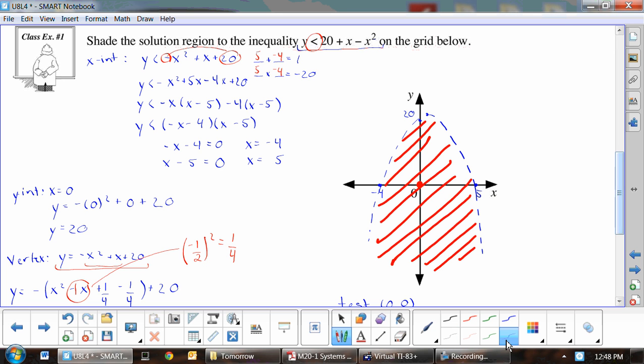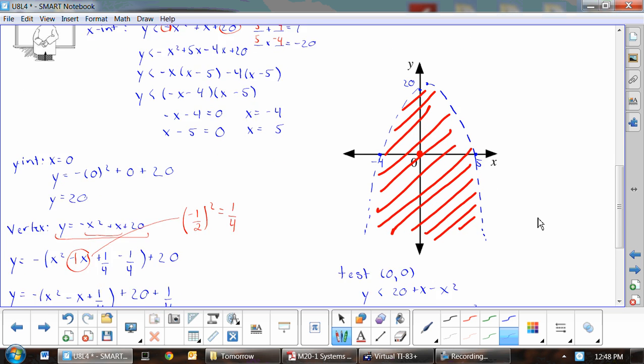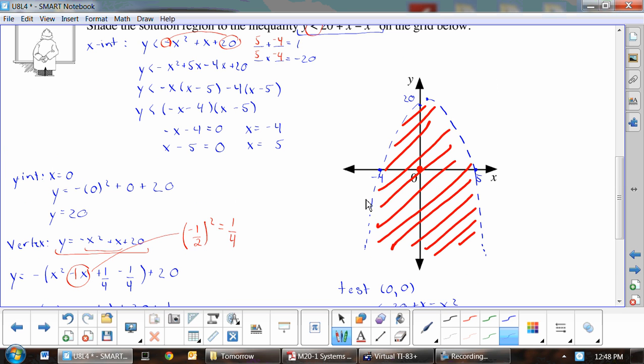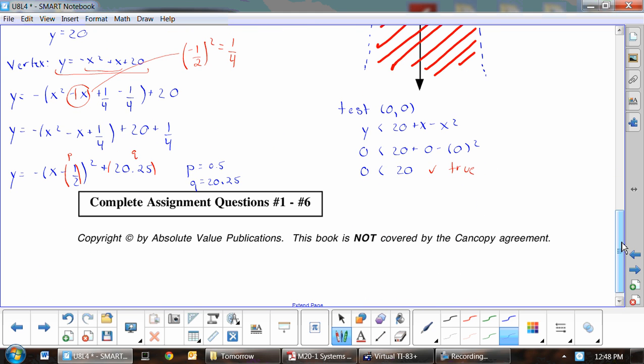It's not trickery, it's about reading carefully and attention to detail. So make sure that when you just have a greater than or less than, you use a dotted line. This is where people will lose marks. Guys, focus. This is where people will lose marks, on stuff like this. To lose a mark here because you made a mistake is one thing. To lose a mark for something like this, it's like a kick in the pants.